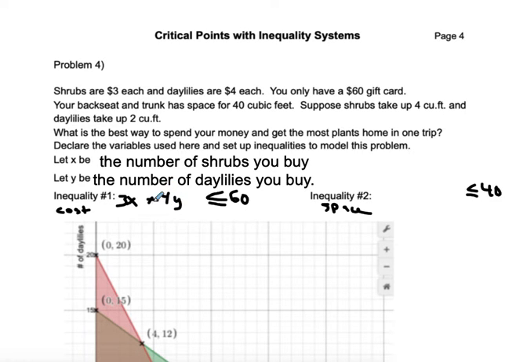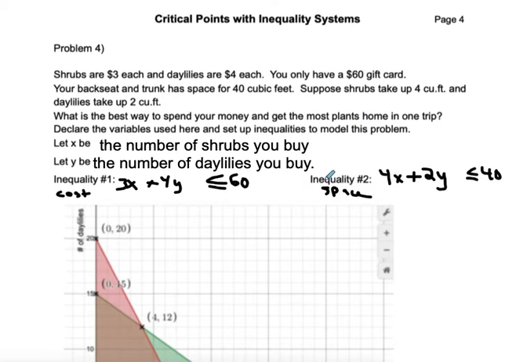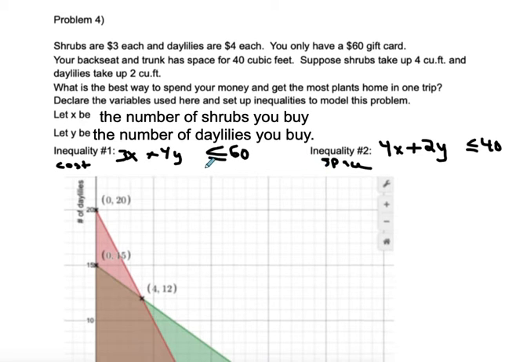So you add up the cost of both of them to get a cumulative sum total of hopefully less than or equal to $60. Similarly, for the space, the shrubs take up 4 cubic feet and the daylilies take up 2 cubic feet. So you need both of those inequalities here as restrictions to set those inequalities up.